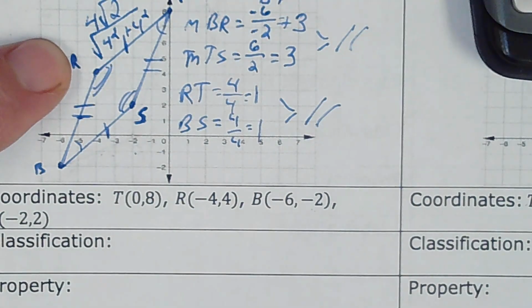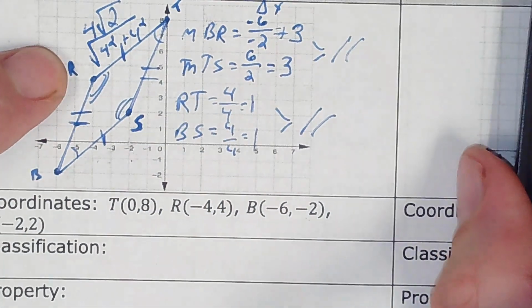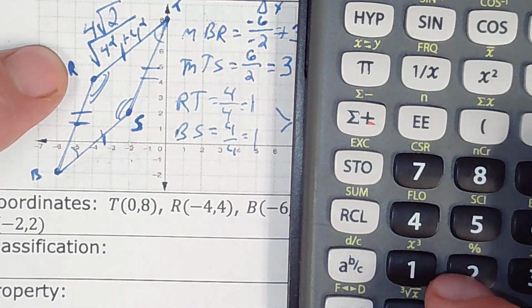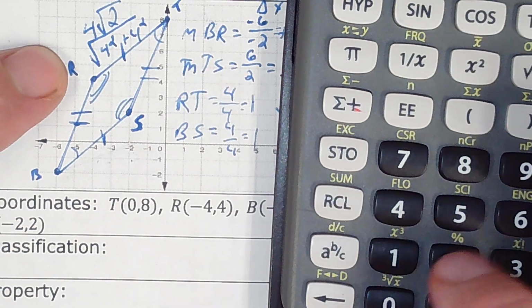All right, so that's that one length, because if I square 4 and multiply by 2, yeah, that's right.